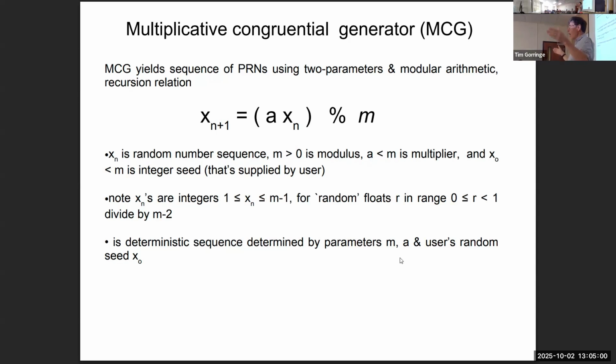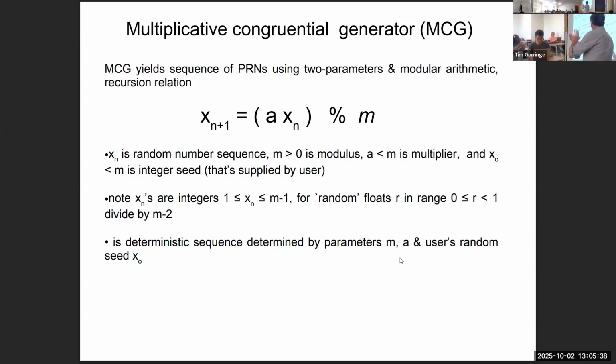Remember, we're going to want to divide by the number of possible random numbers to create that float. So we've got to firstly have a bounded range for the random numbers, and secondly, we've got to know the bounded range, and that's true here. So in this case, we would divide by n, because we're going to make the random number go up to less than one.